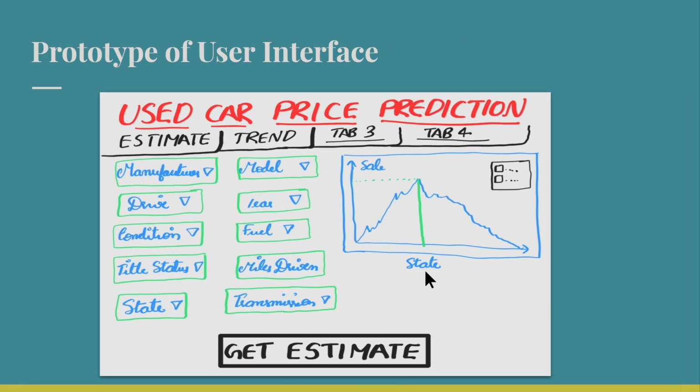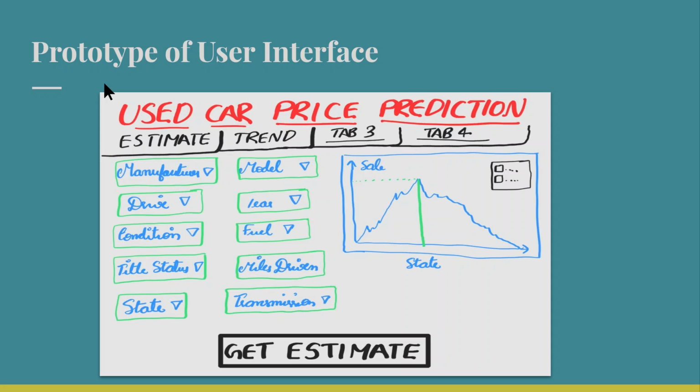So here's a prototype of what our visualization application is going to look like. We have the estimate here, and in the estimate you can enter all this different stuff: manufacturer, drive, condition, title status, state, model, all this stuff. And the idea with the trend is that you'll be able to see what prices you're looking at before you even get an estimate.